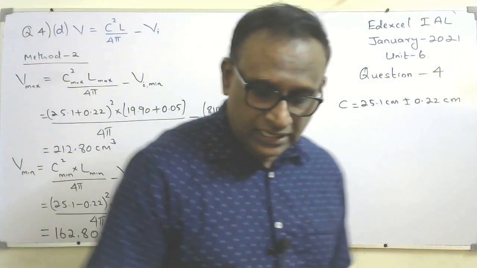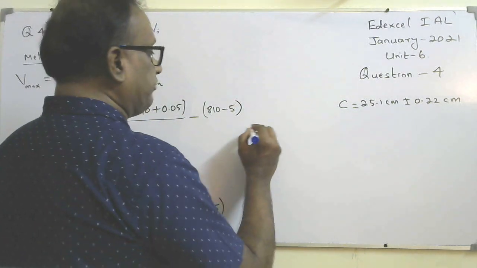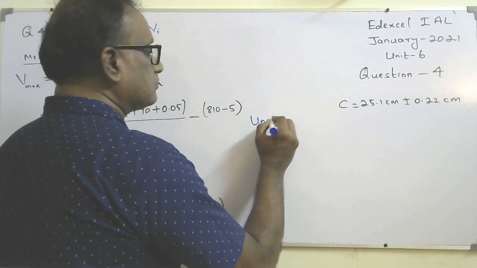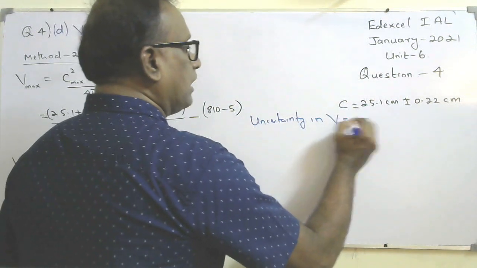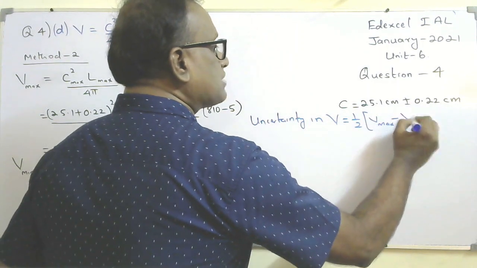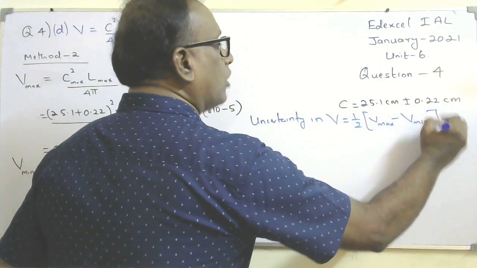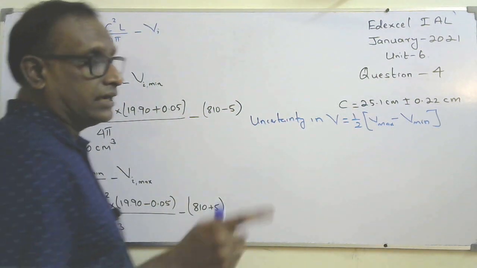Okay, so I know the minimum value of V and the maximum value of V. I need to find the uncertainty in V. So I can say uncertainty in V equals half times V max minus V min. Already I told that in my lesson. The link is given in the description.